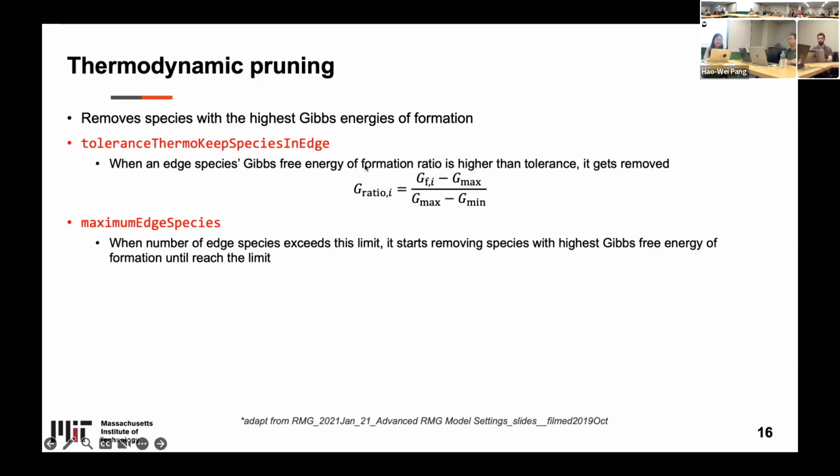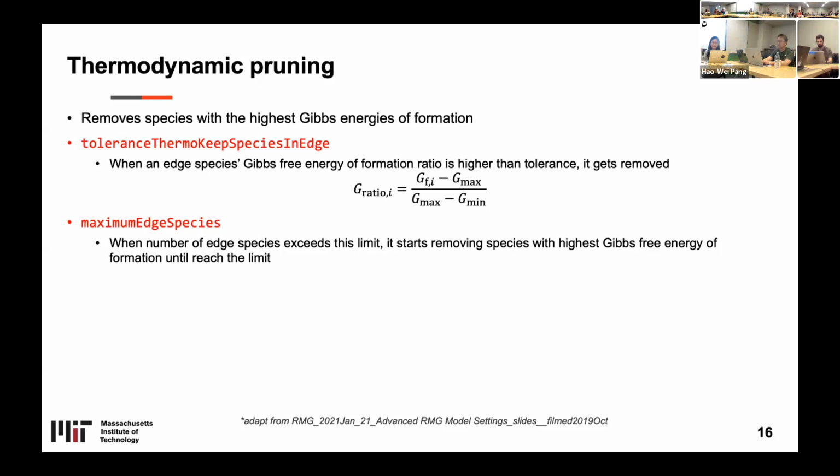So the smaller tolerance that you set here, the tighter it is because you will remove species more easily. This can be useful for some cases. In my system, I know that my system only cares about allylic radicals, but sometimes RMG would try to include, say, a radical on the double bond, and I know that it's not going to be important. When I don't use thermal pruning, RMG adds all those possible combinations of radicals.